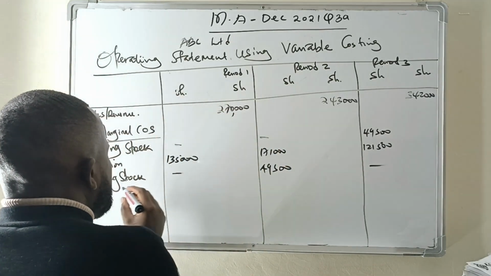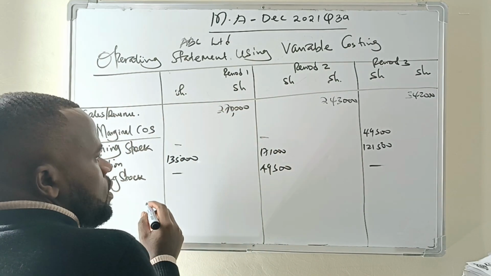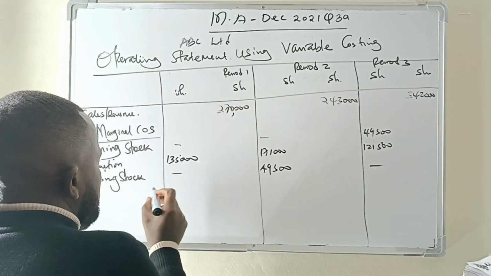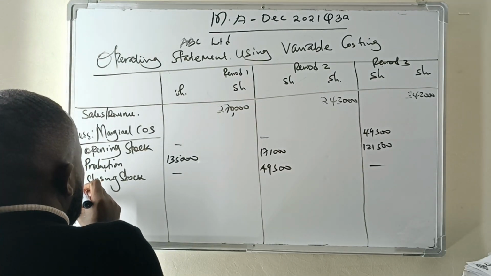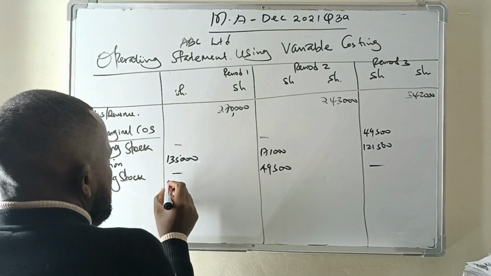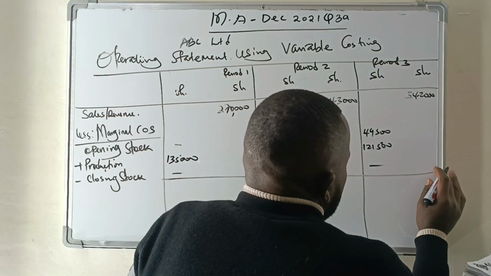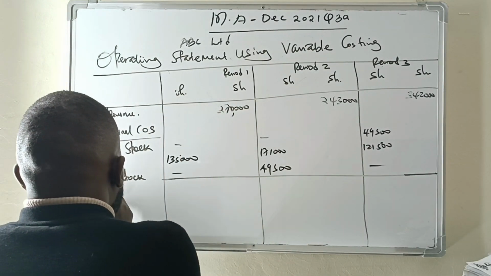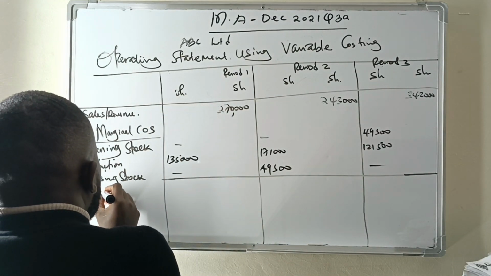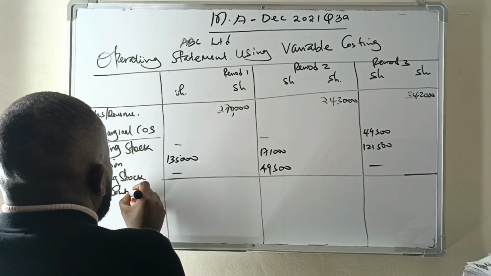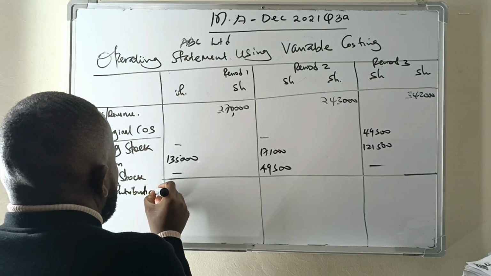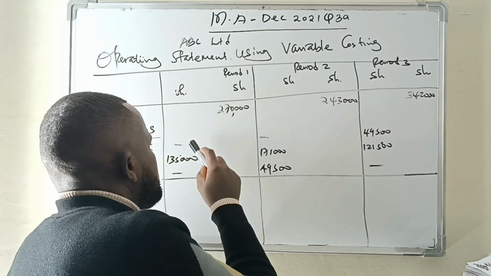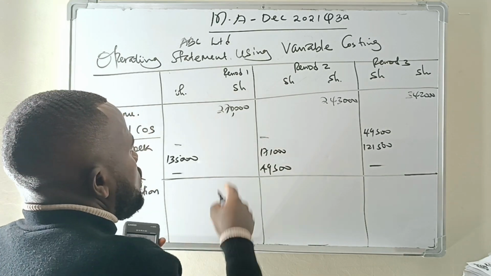So this one will give you the marginal cost of sale, or the gross contribution. Let me get the cost of sale first, then the gross contribution. So the cost of sale will be deducted from the sales.